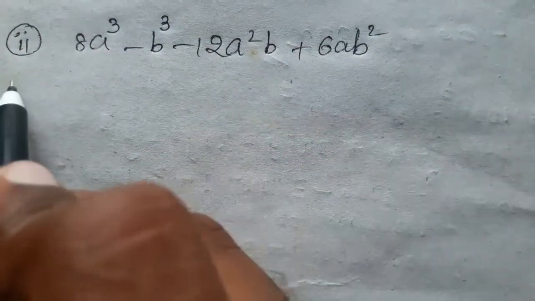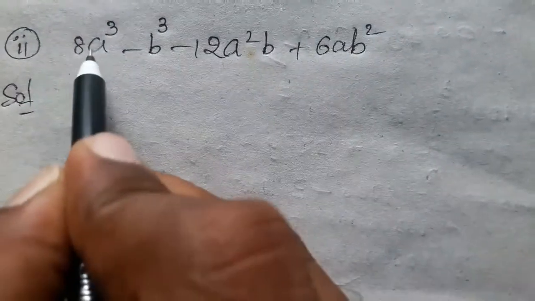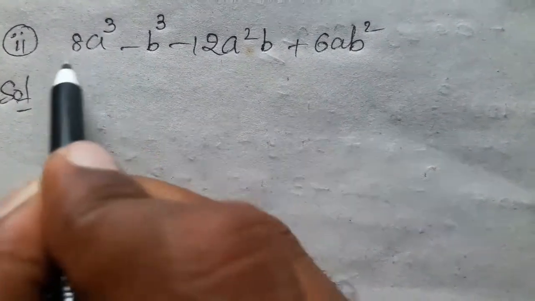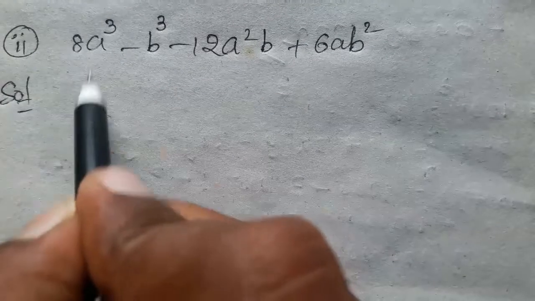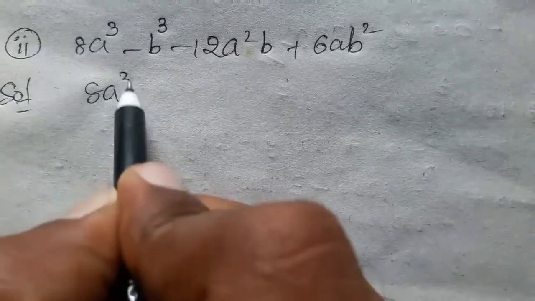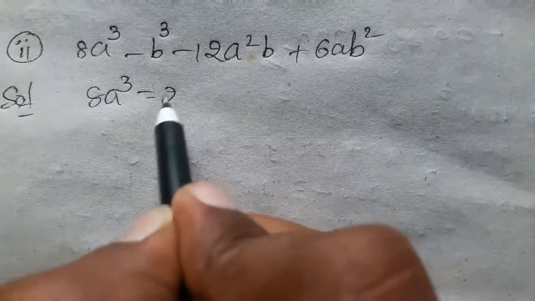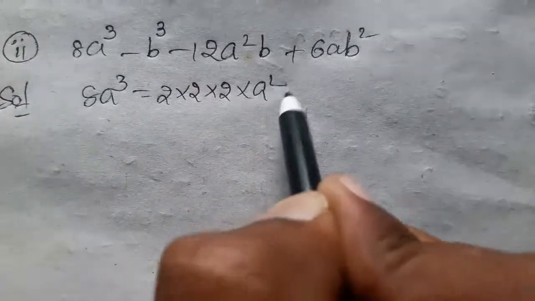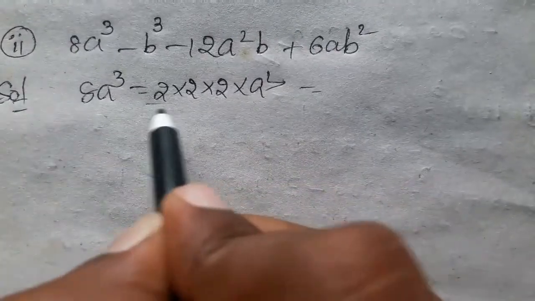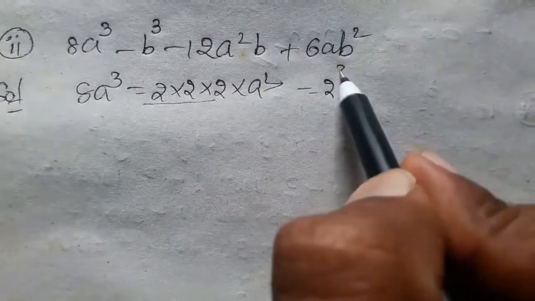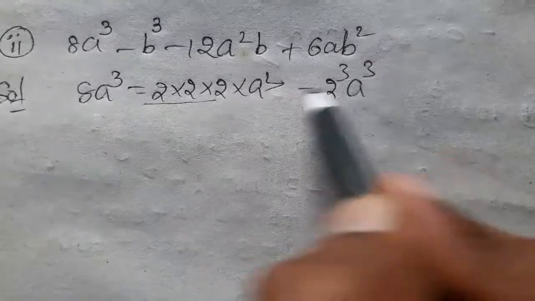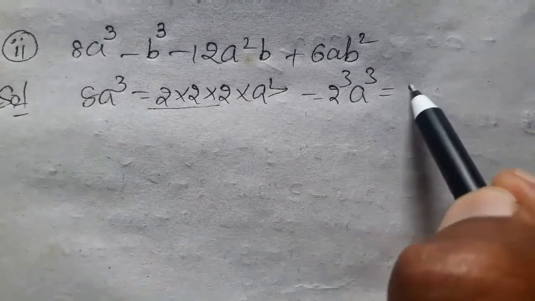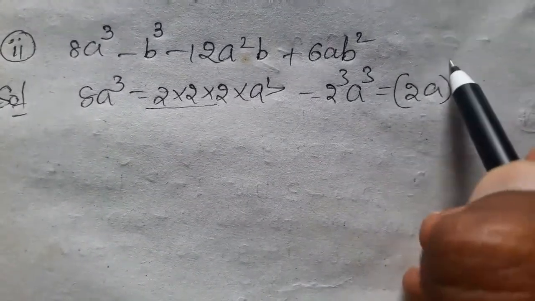Now see here in this solution, 8a cube. 8 can be converted into 2 into 2 into 2 into a cube, isn't it? Now 2 power 3 into a power 3 is equal to (2a) whole cube.